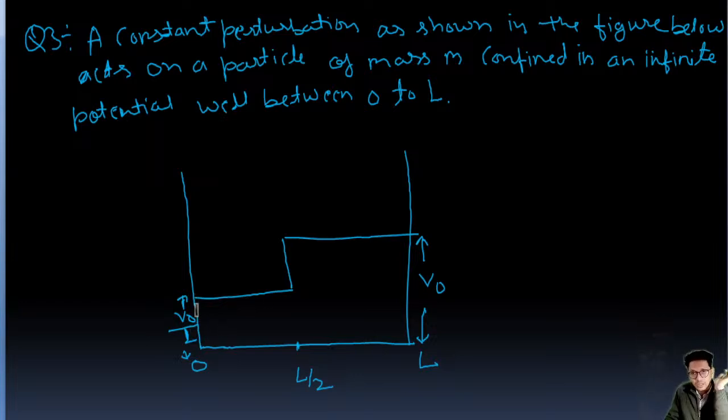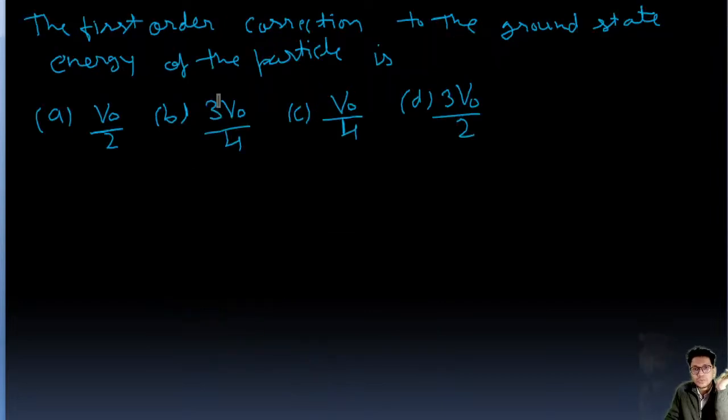This height is V0 by 2, this is V0 and L. So now you need to find out the first order correction to the ground state energy of particle. First order correction, okay?